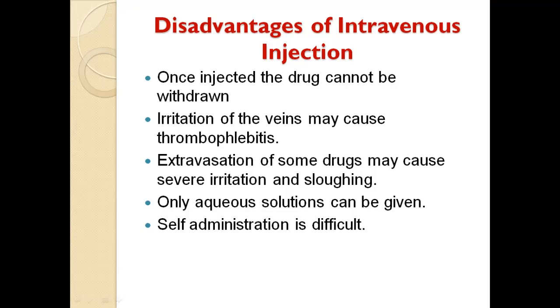So only solutions which are soluble in the blood should be given. That's why we said if it is fat soluble, those solutions should not be given by the intravenous route. It should be given only by the intramuscular route. Self-administration is very difficult for this method.